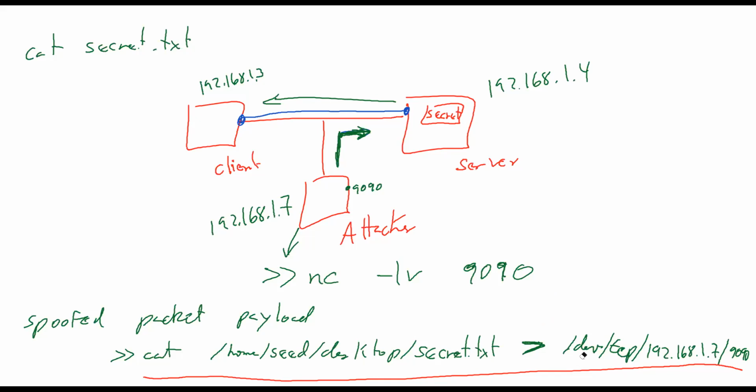Linux has in the file system this notion of devices, represented as files, and this allows you to send the data out. But it has to happen within the server, and the only way for that is for you to hijack a session in this way. Okay?